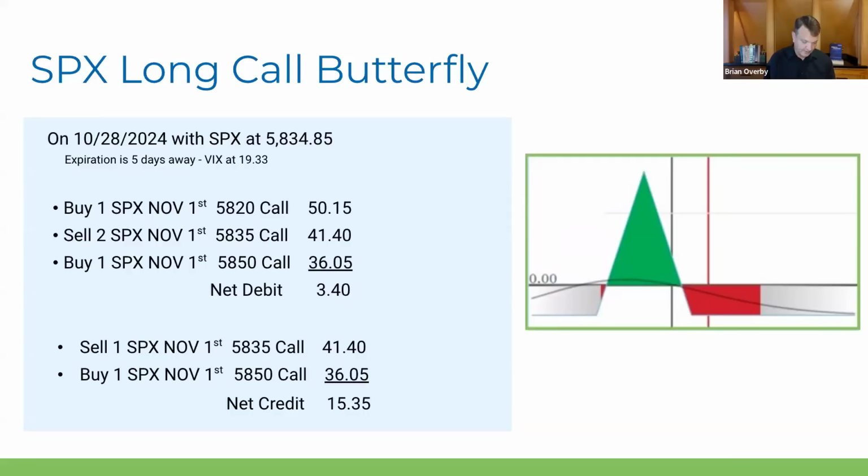4140 times 2 equals 82 minus 50.15 minus 36.05 equals 340. Okay, so that trades 340. So the 5580, 15 points. Let me go make sure that's right, because it should be a lot more.